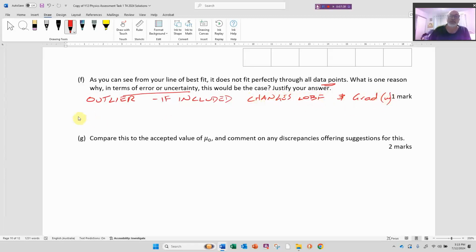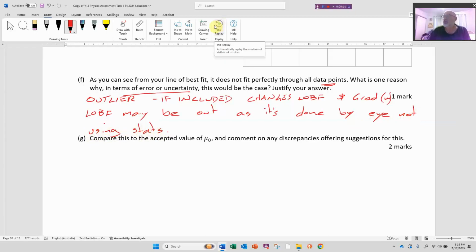So if you include that, that can modify your gradient, and also the line of best fit may be out as it's done by eye, not using stats, because if we're doing stats, it'll be a least squares regression fit. So that is one reason why in terms of error.